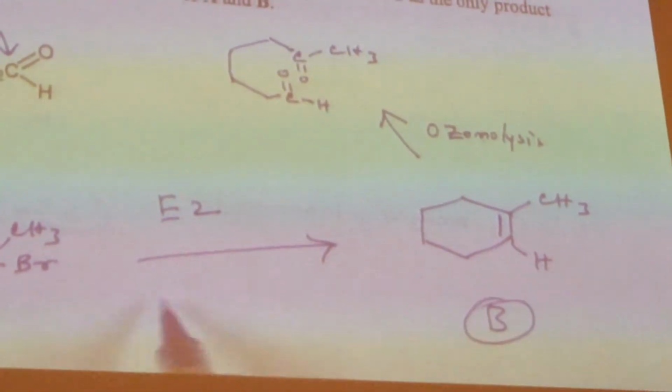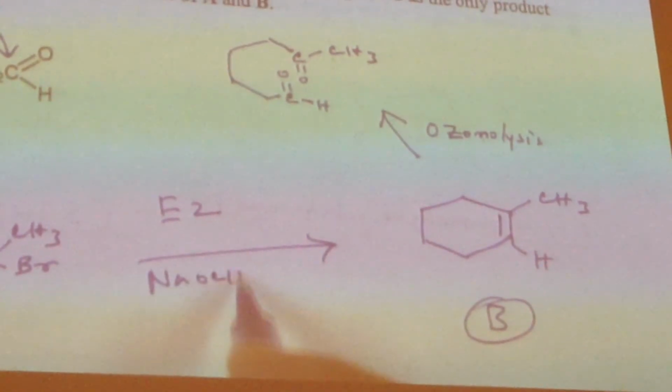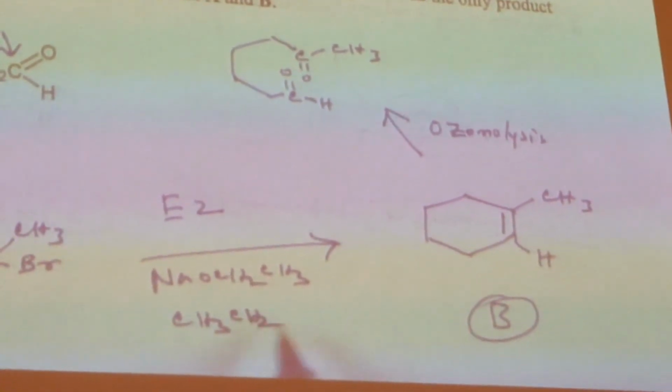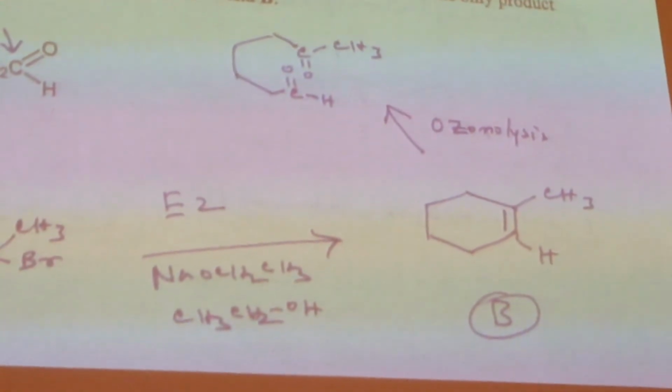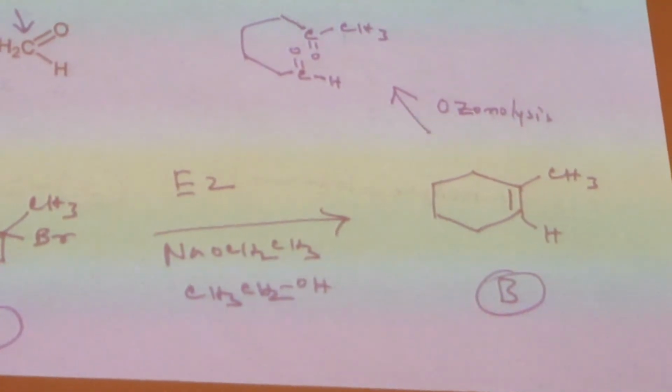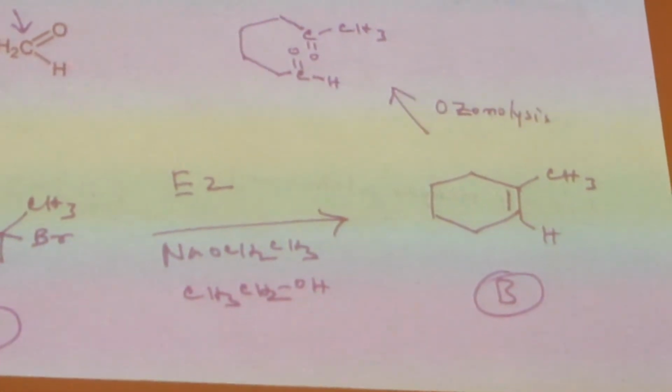So sodium ethoxide is an E2 reaction, NaOCH2CH3 in ethanol gives you this, so therefore this is A. And you can verify the molecular formula of these two based on that.